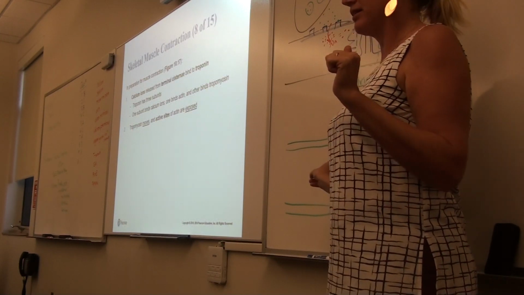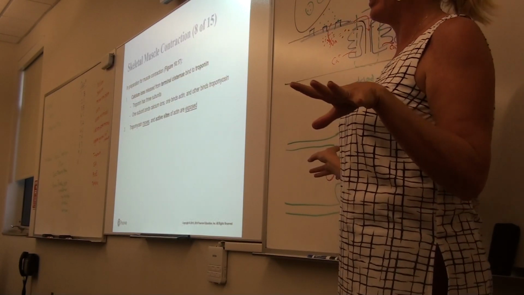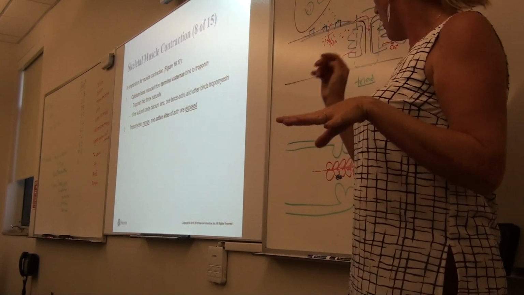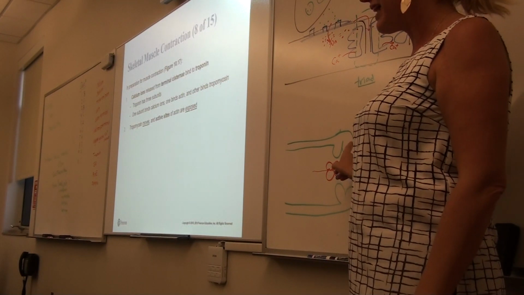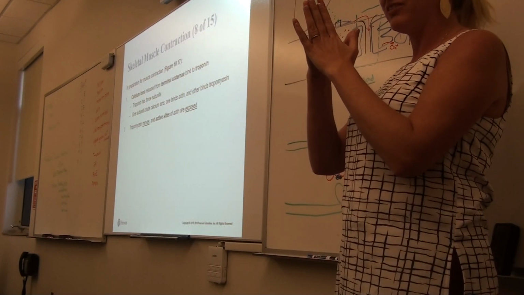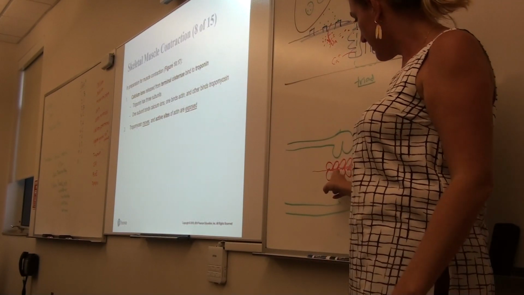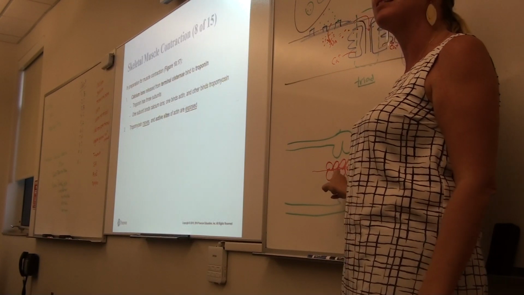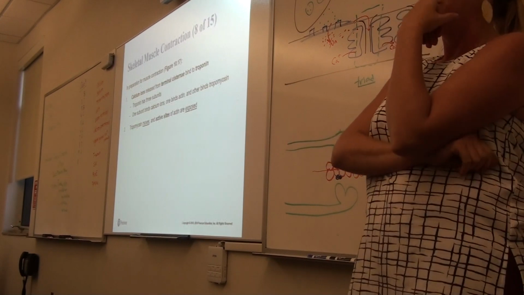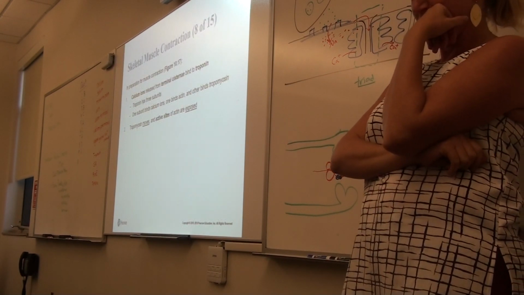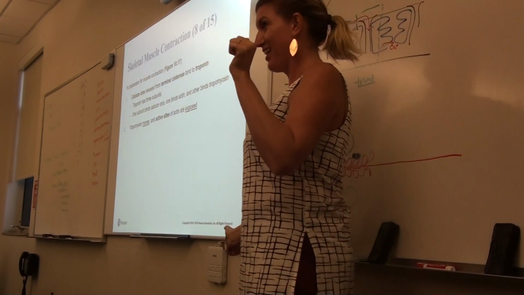So she's basically saying, no, you're not getting any. And all that needs to happen in order for myosin and actin to connect is for this troponin-tropomyosin complex to get out of the way. In other words, for actin to say, hey.